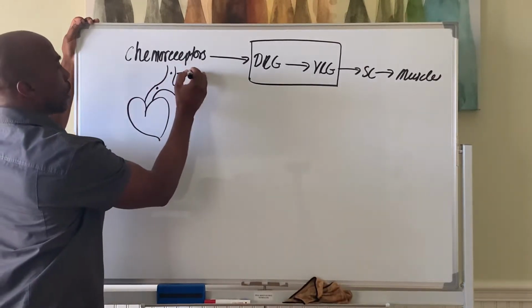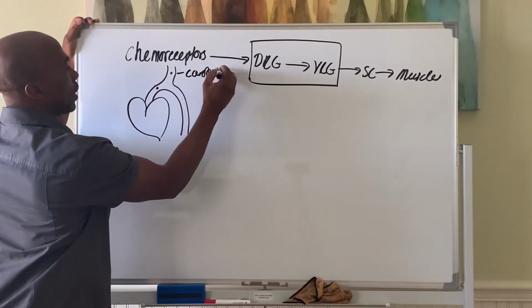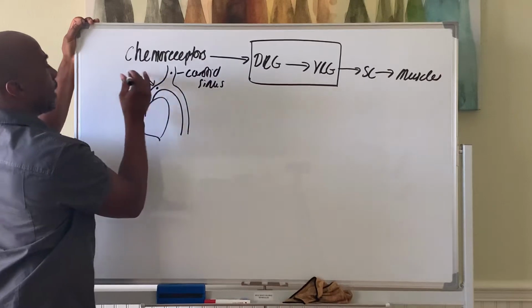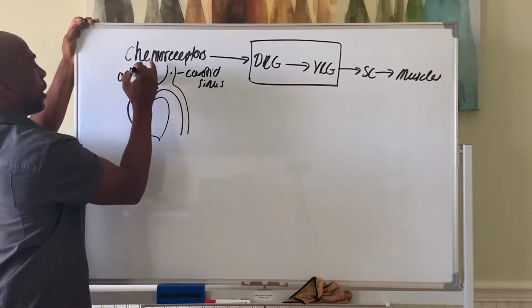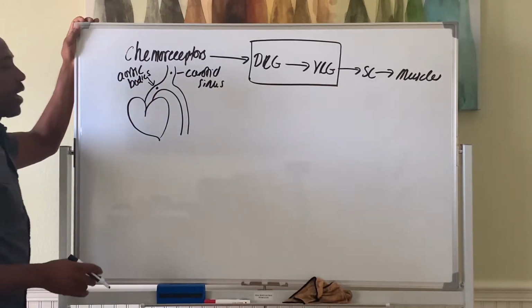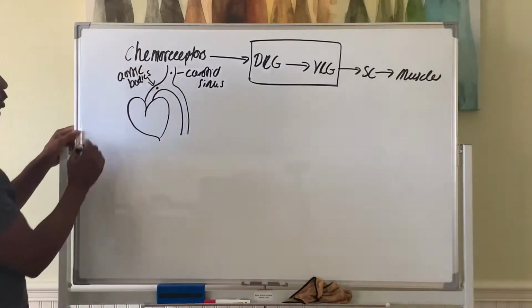So in the carotid sinus and in the aortic bodies, that's where you have your peripheral chemoreceptors.